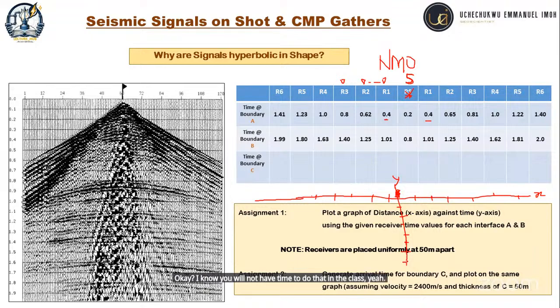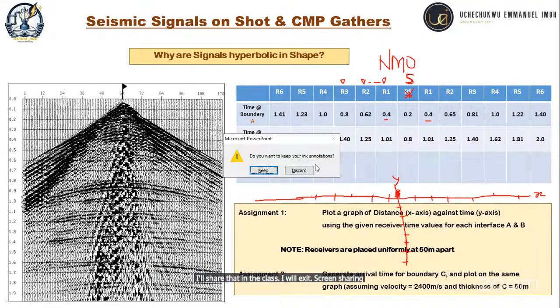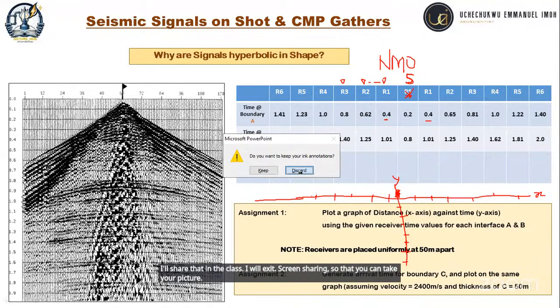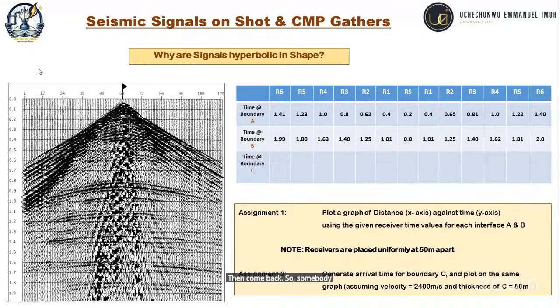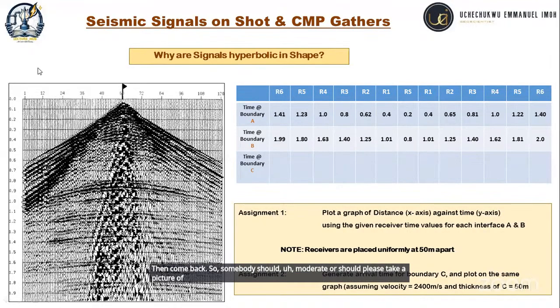So I want someone to take a picture of this slide and share that in the class. I will exit screen sharing so that you can take your picture, and then come back. So the moderator should please take a picture of this slide.